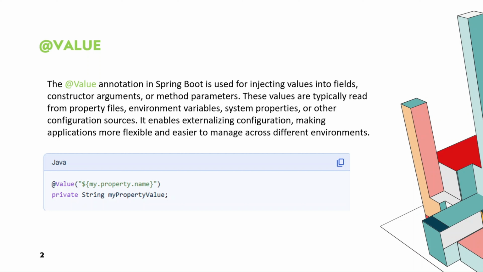These values we typically read from the application.properties or YAML file. Technically, we read values from an external file, a property file or YAML file, and access them in a function.